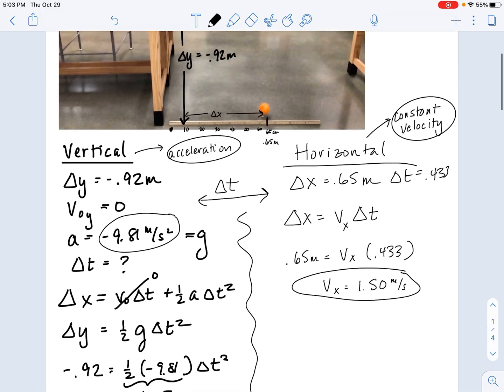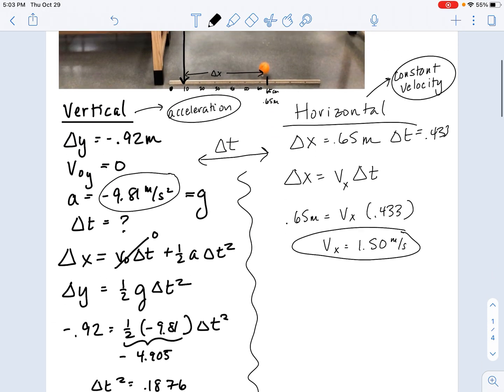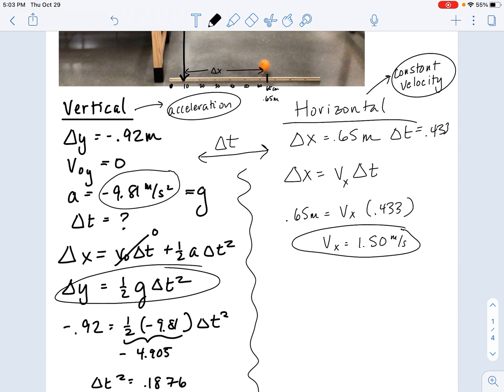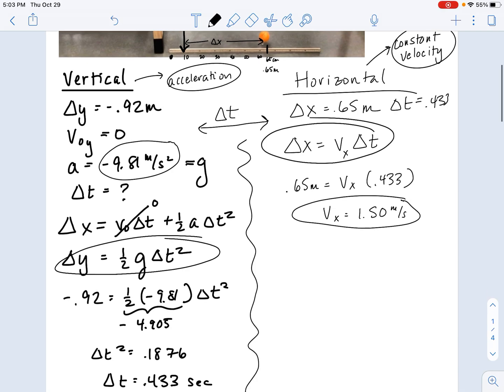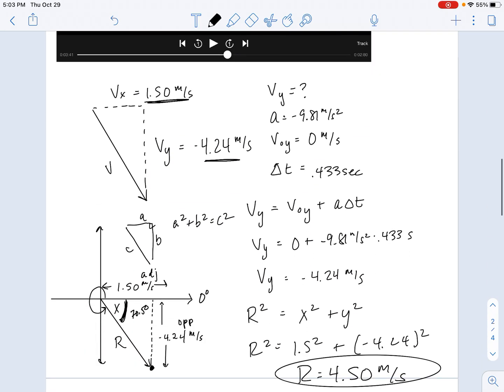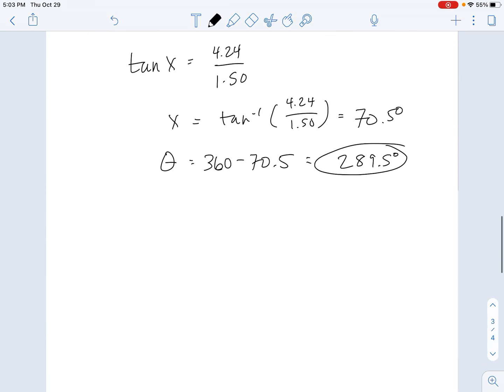So look what we did. We developed equations for vertical and horizontal motion of a horizontal projectile, and we applied a kinematic equation to the vertical motion of a horizontal projectile.